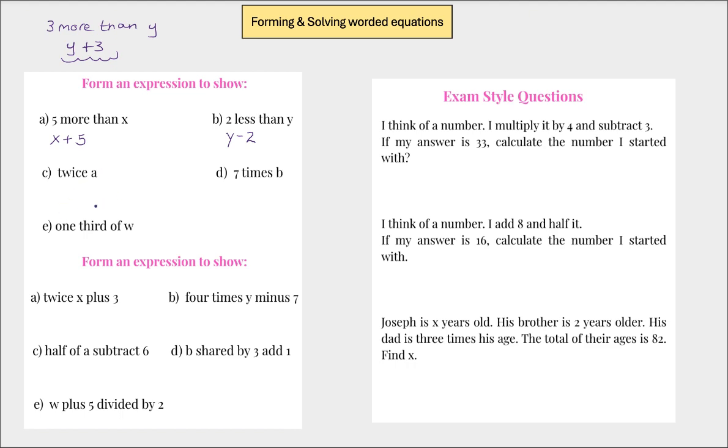Third one, it just says twice a. So what should we do? Twice is a 2. I hope you all know that. And an a. Really is that easy. Twice a is 2a. Twice b would be 2b. Twice c would be 2c. 7 times b.